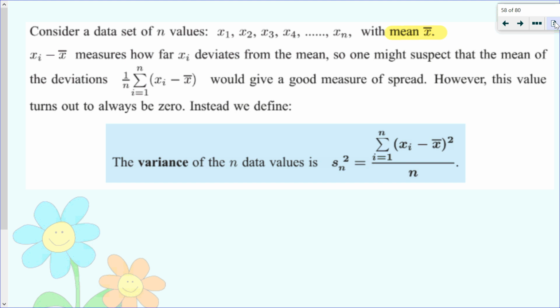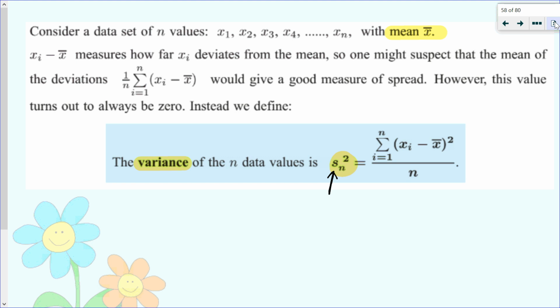This S squared means variance, so this whole quantity means variance of n values. n just refers to the number of values we're counting up. If we're counting up 10 different values, it would be S sub 10. Squaring it is just what variance does.